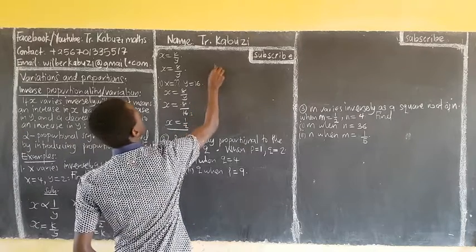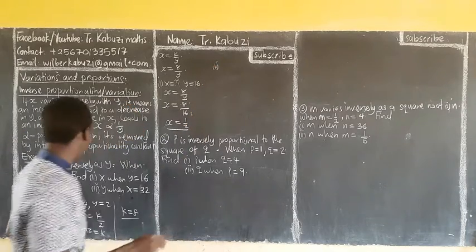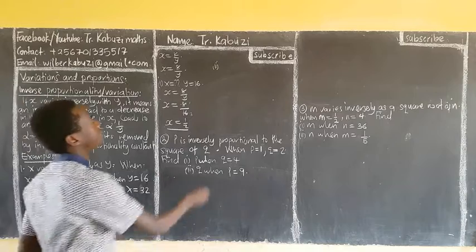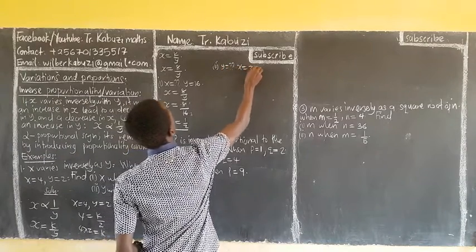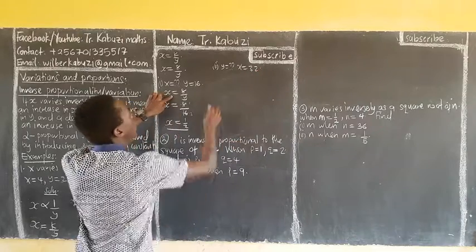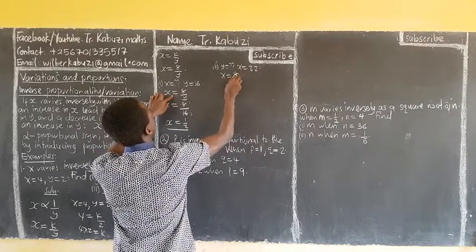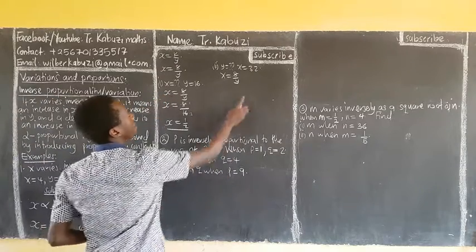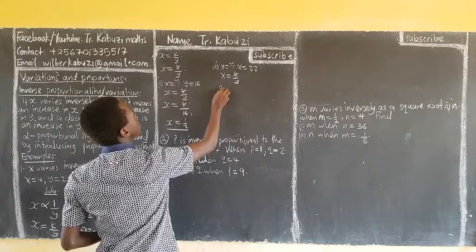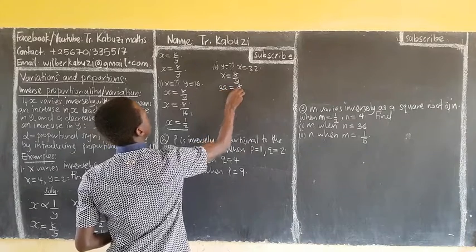The remainder 2, they want y when x is 32. We come back to our formula that relates the two. This is the formula that relates y and x. So x is 32, so I have 32 equaling 8 over y.